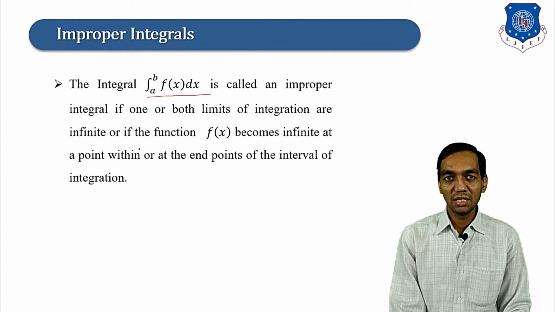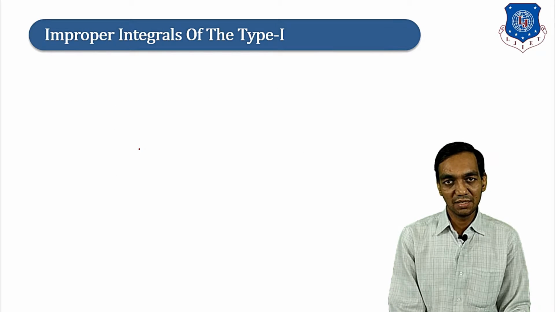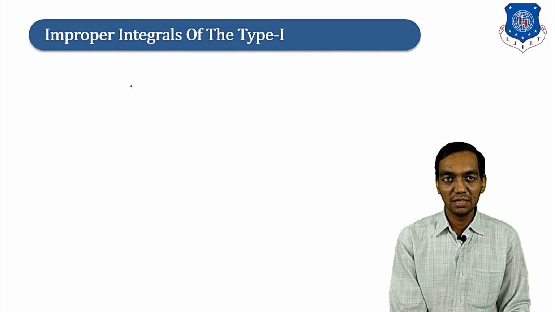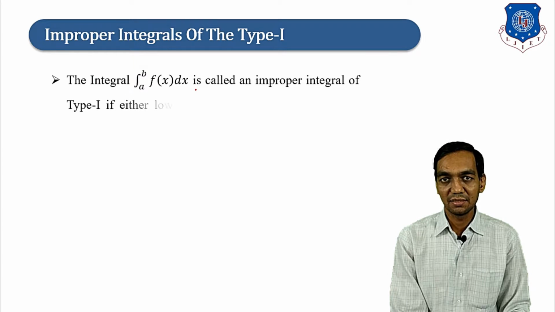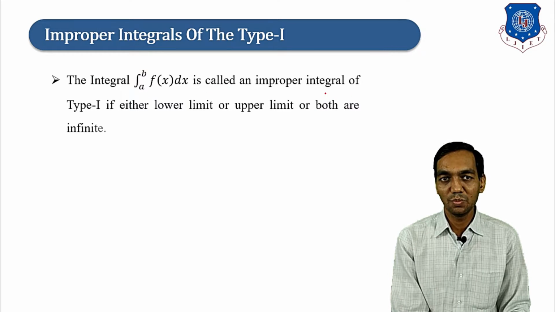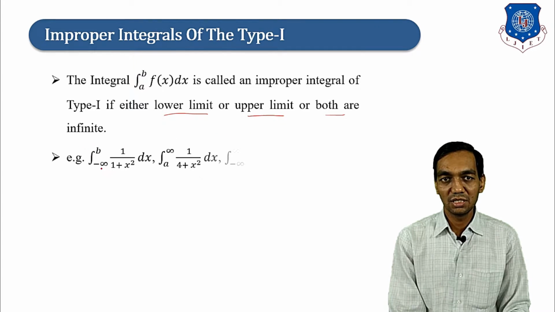Okay, now there are basically two types, and using them we are going to define a third type. So first, improper type 1: if you have given the integral a to b f(x) dx, then it is said to be an improper integral of kind 1 if the lower limit or the upper limit or both of the limits are infinite. That means we are going to write it in this form.